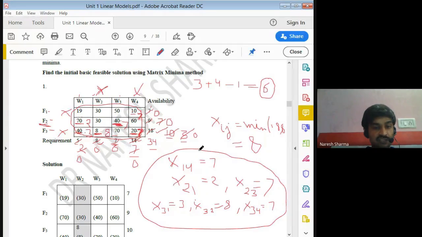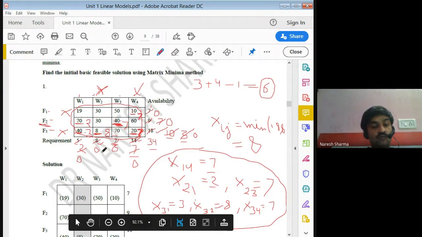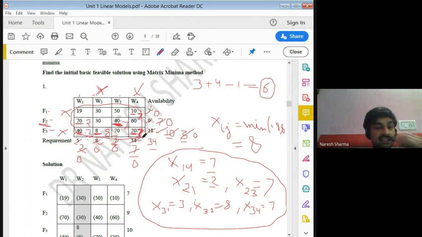So you just multiply these allocations by the corresponding cost, like 70 we multiply with 10, 7 multiply with 10, X21 that is 2 with the corresponding cost 70, 40 with 7, 40 with 3, 8 with 8, 20 with 7, and we get the initial cost, right?